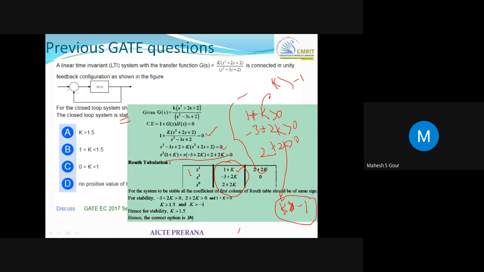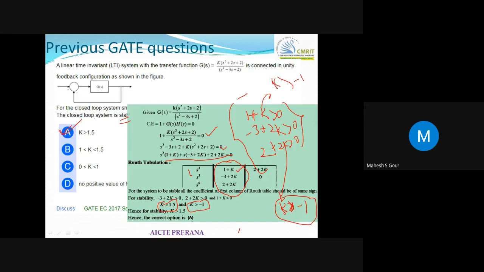See, if you have doubt, substitute the value of k in the equation and it should be greater than 0. So when you solve, you will get that k must be greater than 1.5 and k must be greater than -1. So out of these four options, which is correct? That is, k must be greater than -1.